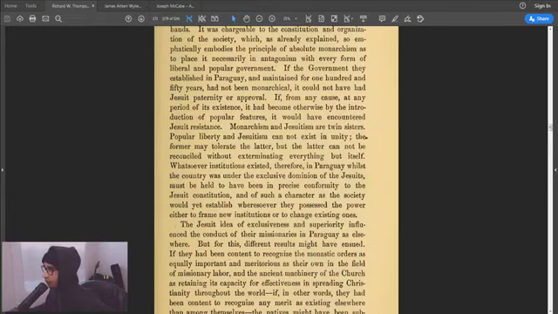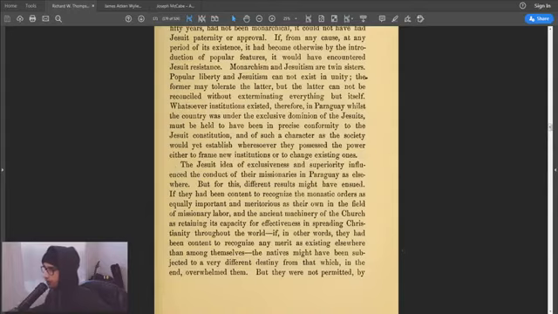If they had been content to recognize the monastic orders as equally important and meritorious as their own in the field of missionary labor, and the ancient machinery of the church as retaining its capacity for effectiveness in spreading Catholicism throughout the world, if, in other words, they had been content to recognize any merit as existing elsewhere than among themselves, the natives might have been subjected to a very different destiny from that which in the end overwhelmed them.